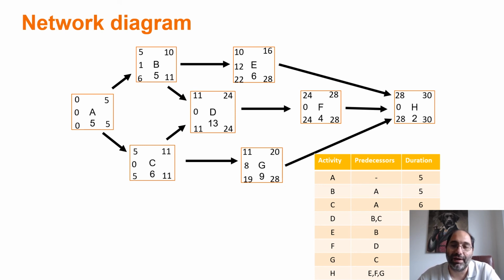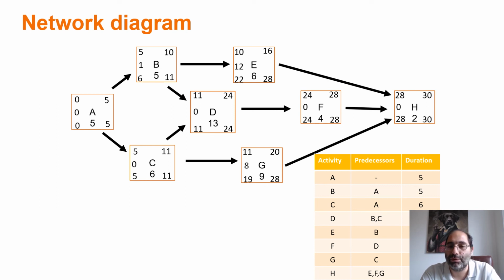And for activity H, 28 minus 28, 0. Okay, so as you can see, we have now completed the forward and backward pass, and we have added the slack time in our diagram.